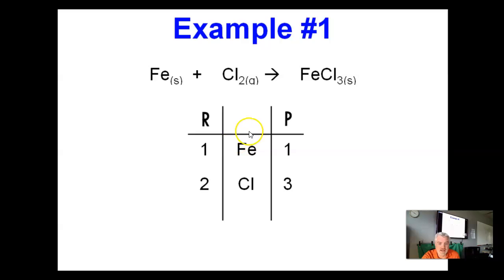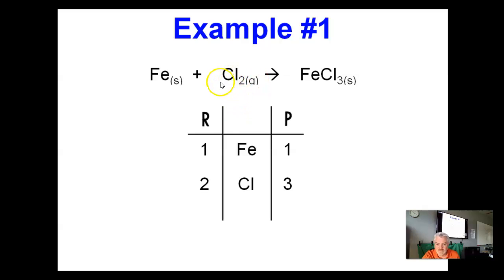Now right off the bat, I see that I'm going to need more chlorines to balance. Now if you were to go in and put 2 chlorines, for example, right here, that would give you 4, and you can't get 4 starting with 3. So I know I've got to have more than 2.